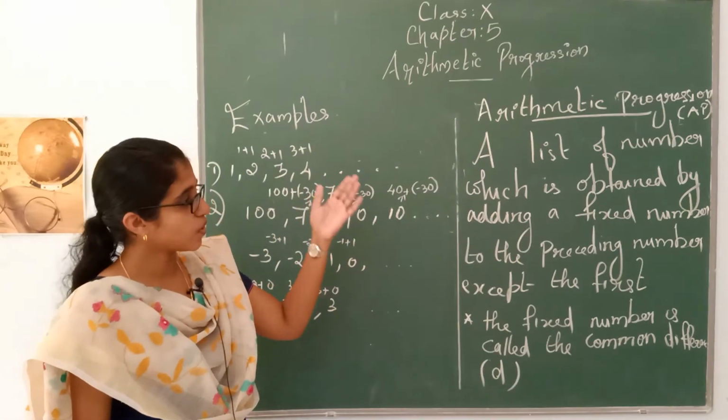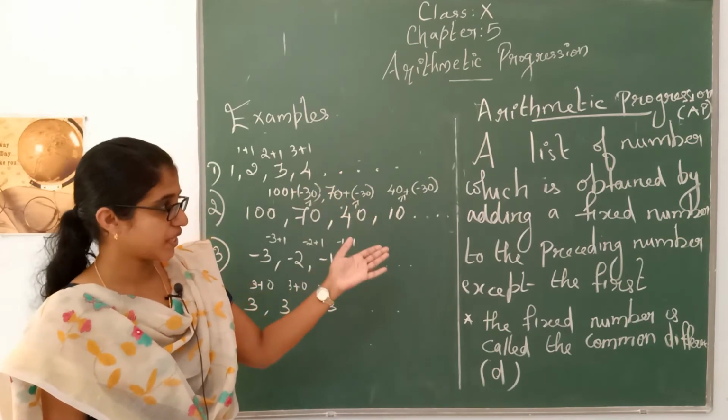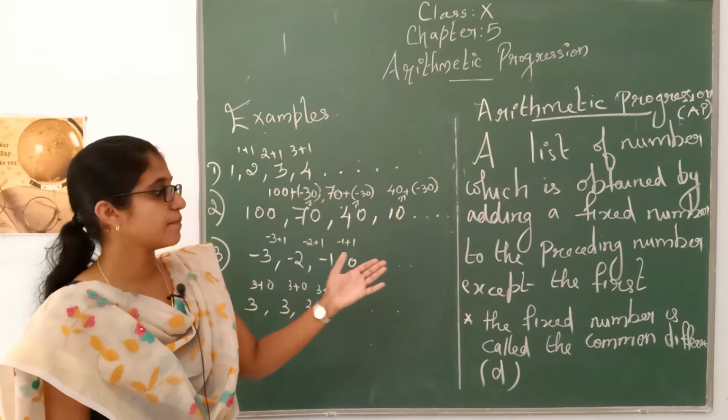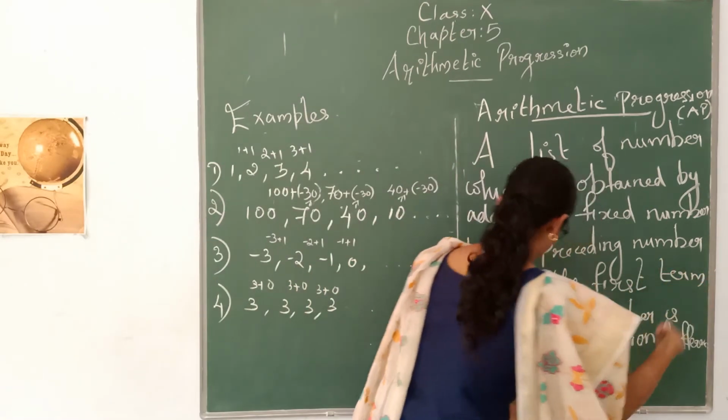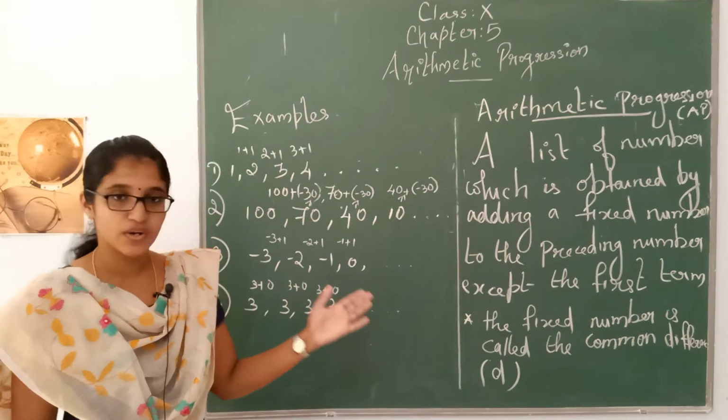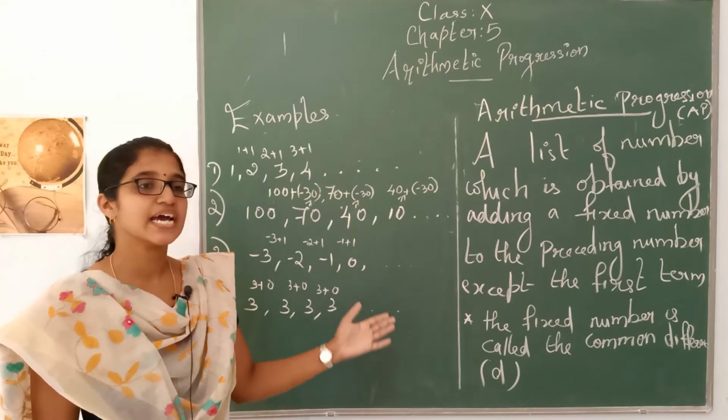So, an arithmetic progression is a list of numbers obtained by adding a fixed number to the preceding number, except the first term. The fixed number we call the common difference, denoted d.